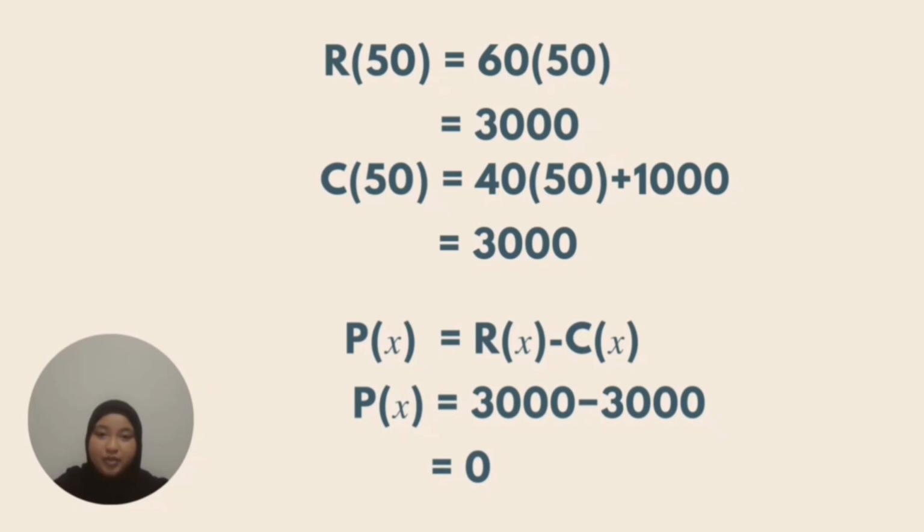Next, we substitute into the revenue function and cost function. We have revenue function 3000 and cost function 2000. So to find the profit, we use the formula profit function equals revenue function minus cost function. So we have 1000.